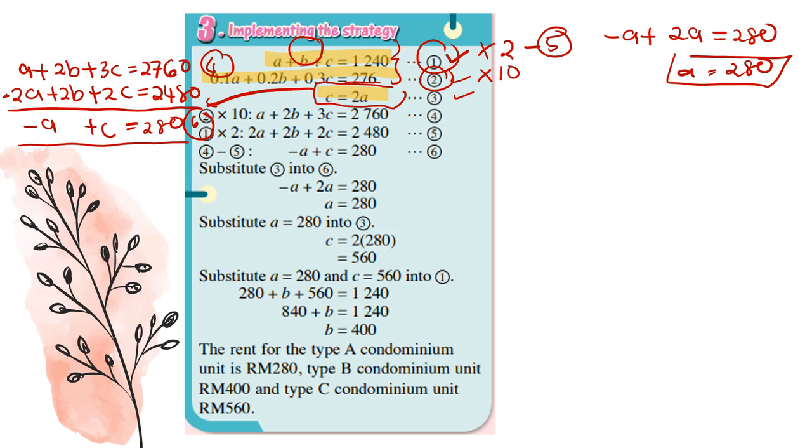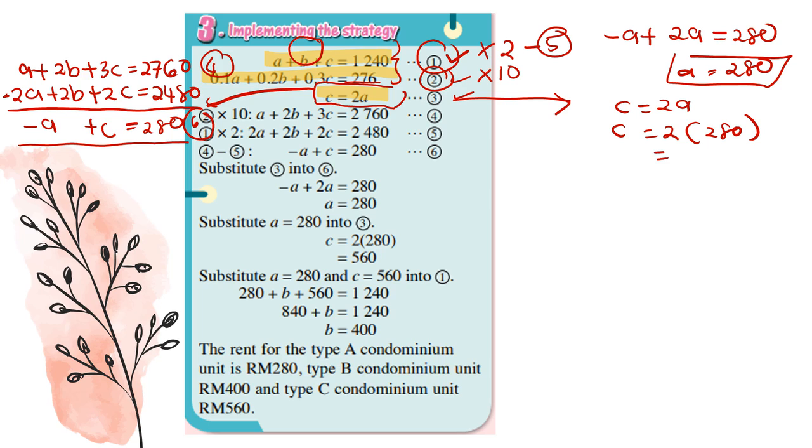Okay, if you want to solve for another variable, it is easier for you to solve variable C from equation number 3 here, since you already have the value of A. So C is equal to 2A, so C is equal to 2 times 280.